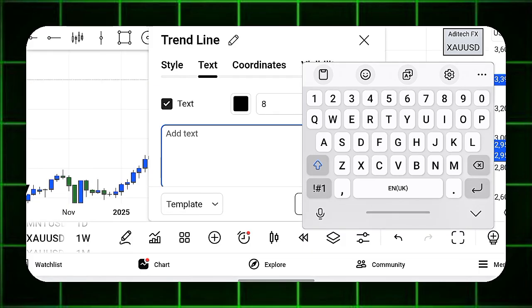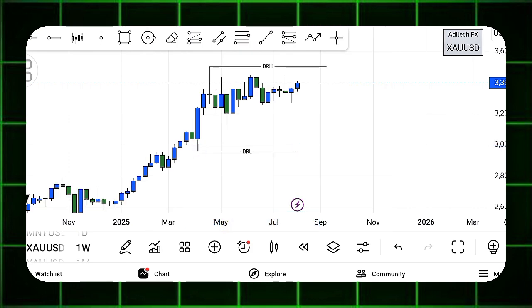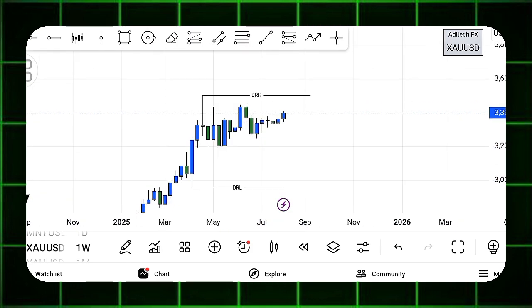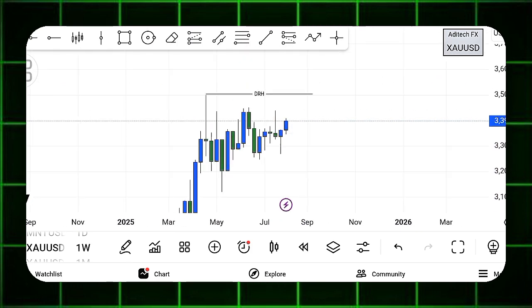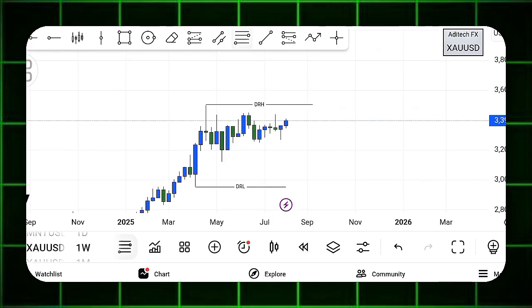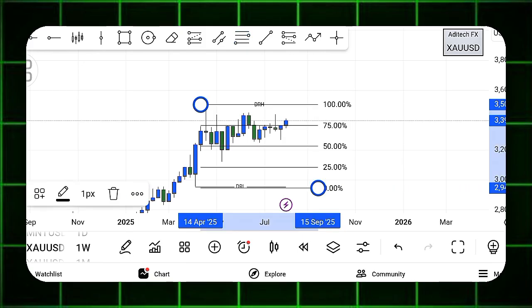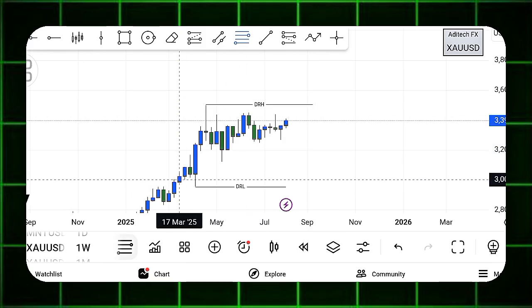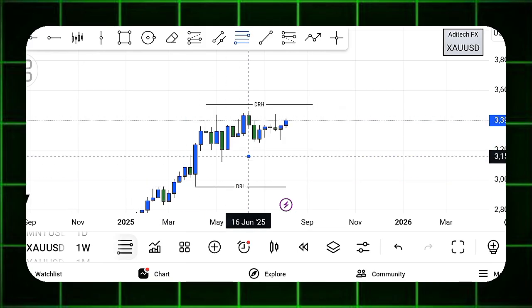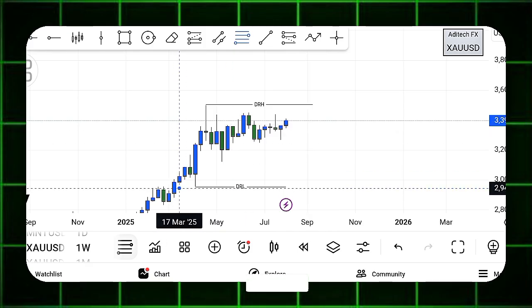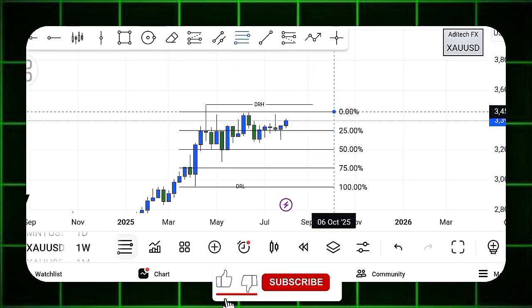And this is our daily range low, right? So now what we are basically expecting is for price to take out this daily range high. Now I'm going to plot my fib right from this daily range low to this daily range high, since the market is in a bullish trend.